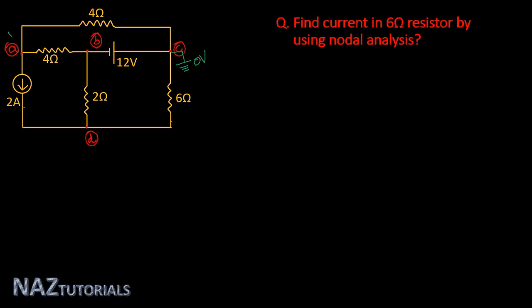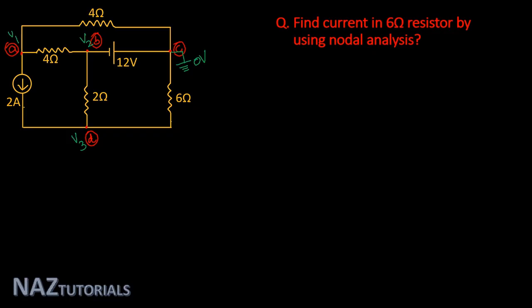Other node voltages we can assume: node A is at V1, node B is V2, and node D is V3, and node C is already at 0 volt.